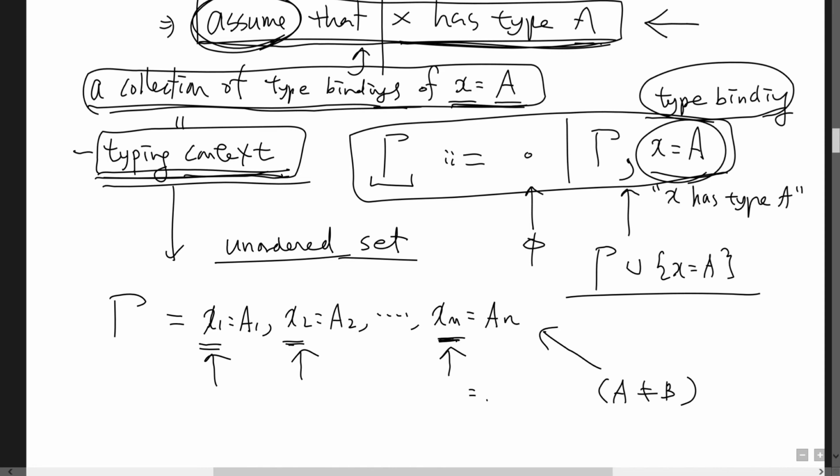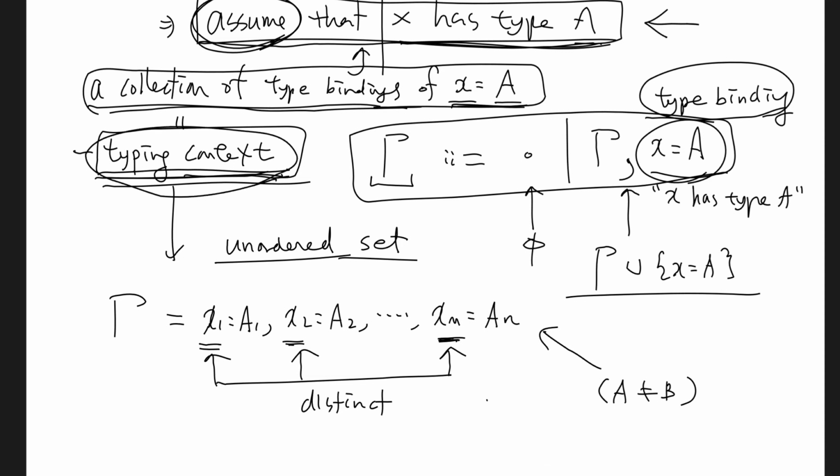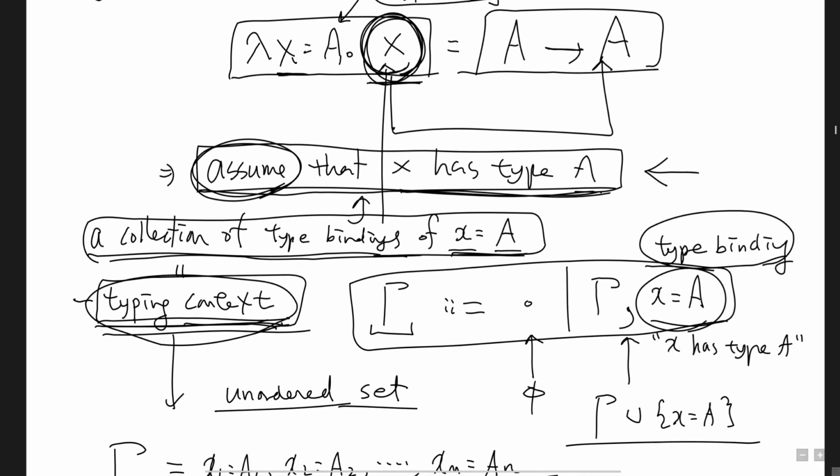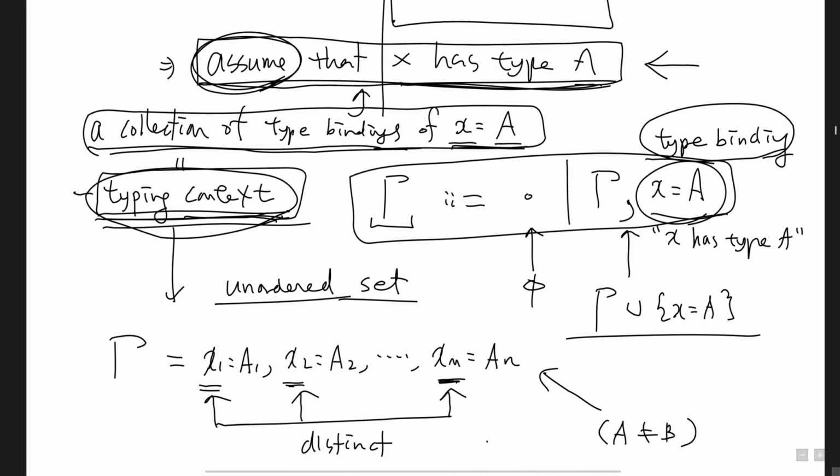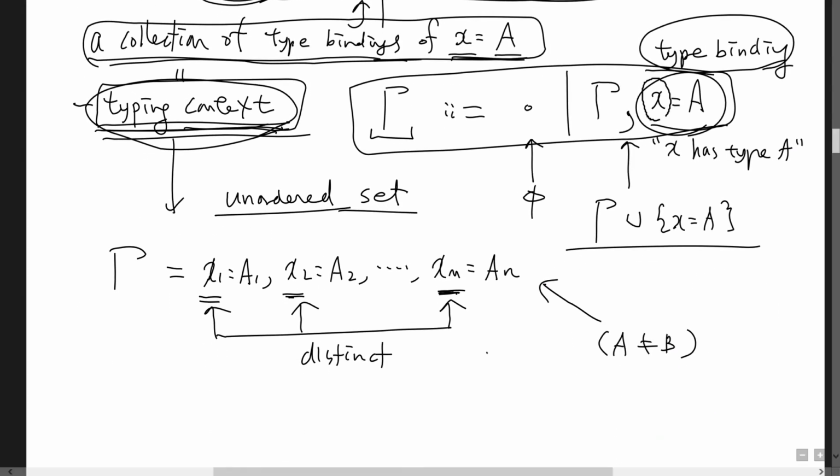To simplify the whole presentation, we assume that all these variables are distinct. That's the assumption that we make when we deal with the typing context. And as we will see later, we can always rename bound variables. Actually, we have seen this phenomenon, alpha conversion, before. For example, these variables all come from this lambda abstraction.